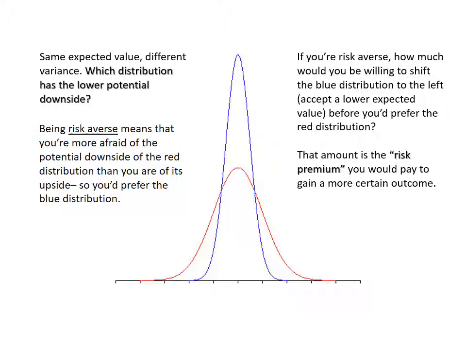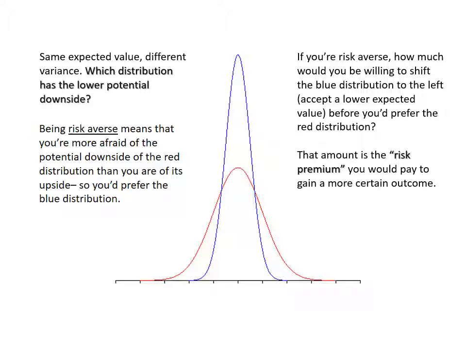And so this brings up this idea of attitudes towards risk. Now, being risk averse means that you are more afraid of the potential downside of the red distribution than you are of its upside, right? Because if you choose the red distribution, you have a higher probability of experiencing a really low value, but you also have a higher probability of experiencing a really high value too.